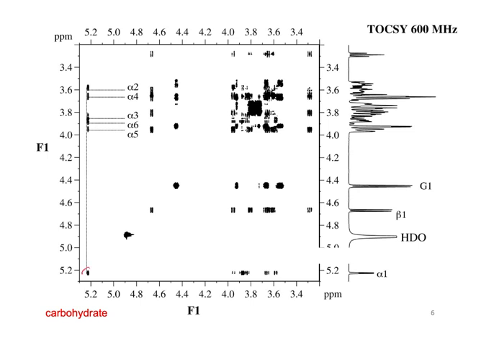So if we start with this, I think this was the alpha 1, and if we go up here, this is long enough that we see connections to alpha 2, alpha 3, alpha 4, alpha 5, and alpha 6. So we see the whole spin system right here.